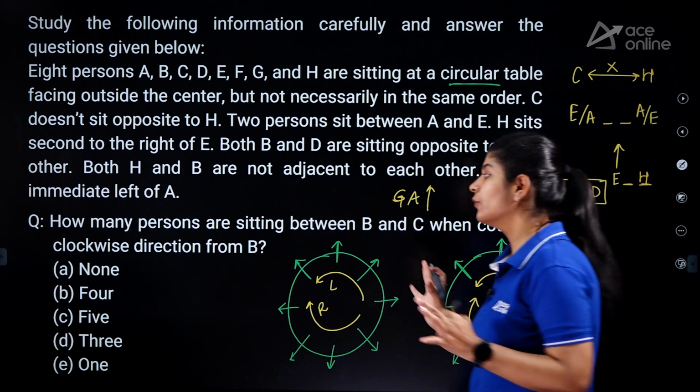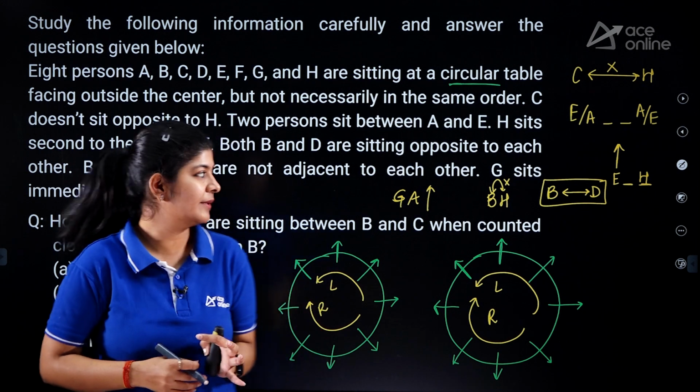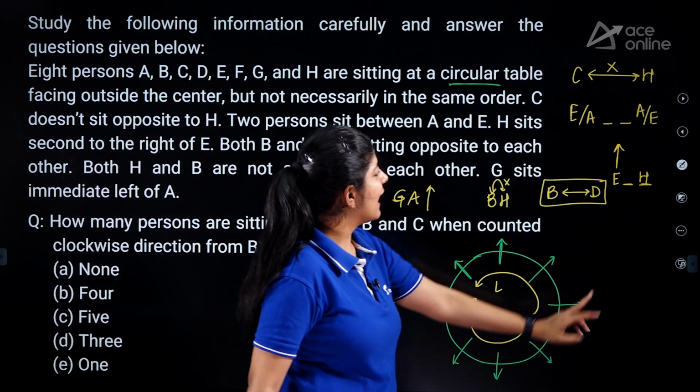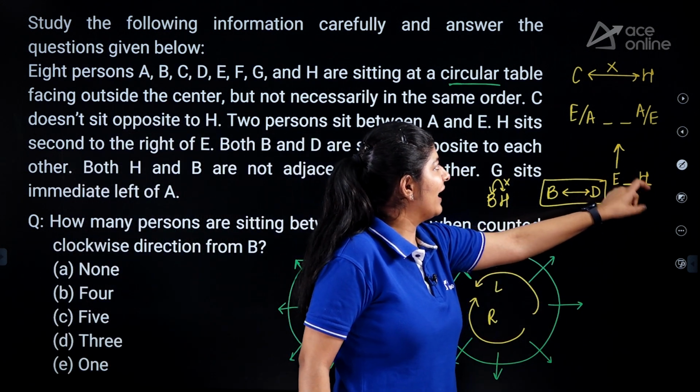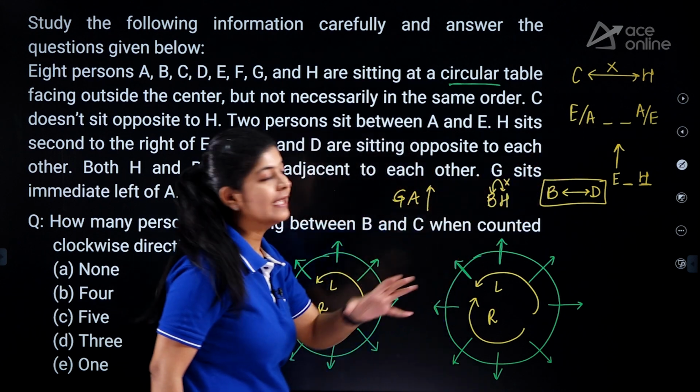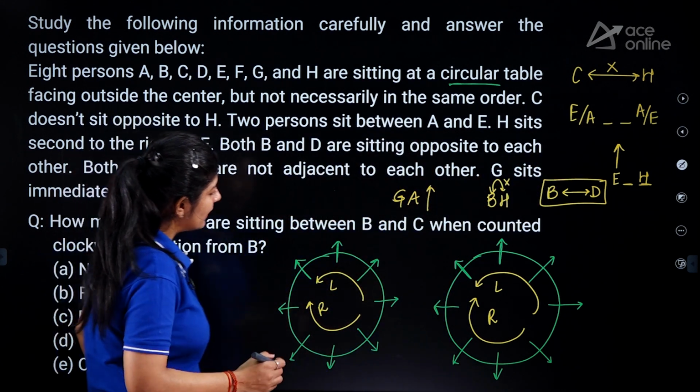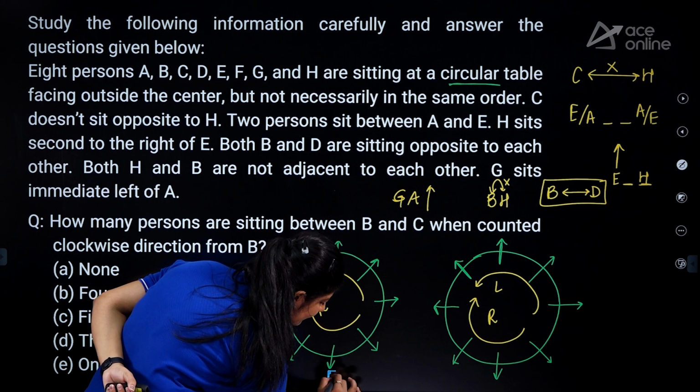These are the clues that we have. Now what we need to do is assemble them together. I know that here we have E, and E is related to H as well as A, so we can easily start with E. Let's suppose here we have E, right?